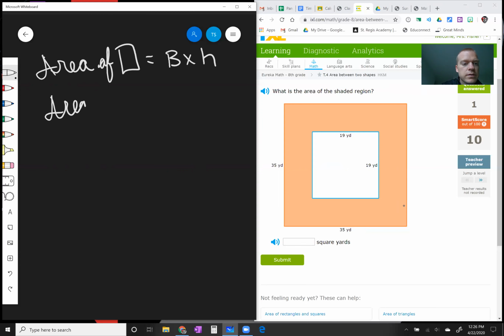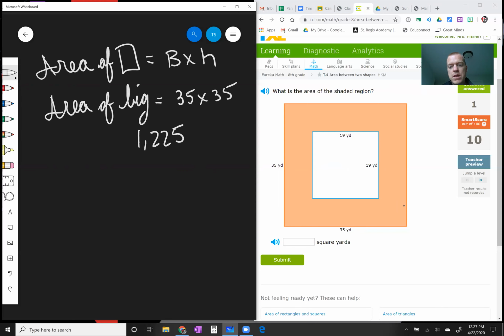So area of big equals 35 times 35, right? 35 times 35 is 1,225.